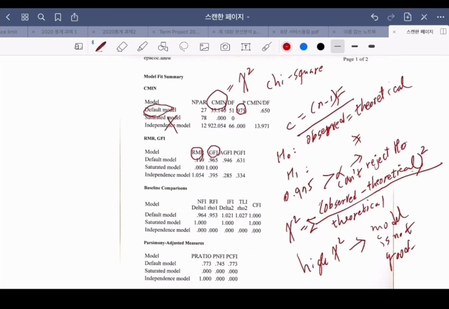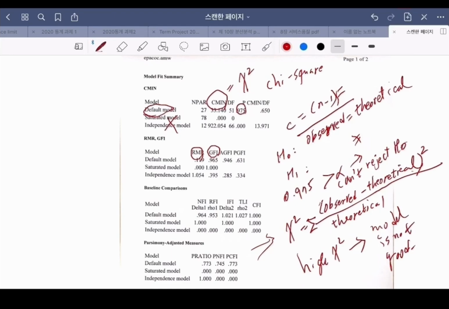Chi-square is computed like this. You make sure that your theoretical matrix is as close as possible to observed, in order to make sure that your model is good.